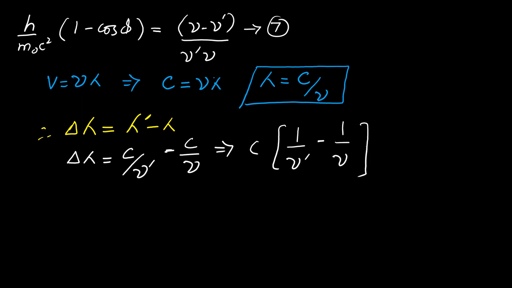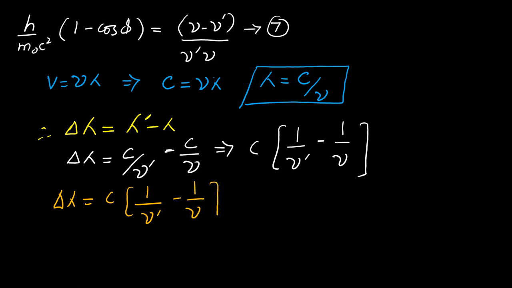Basically this means that the shift in wavelength is equal to c into 1 over nu prime minus 1 over nu.